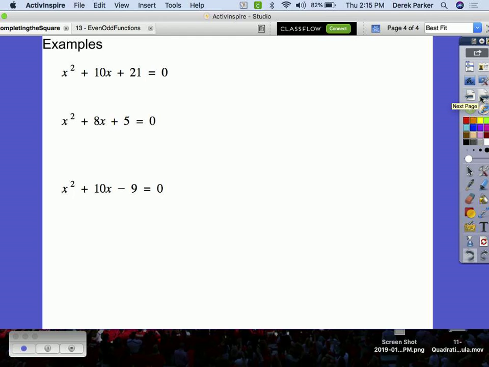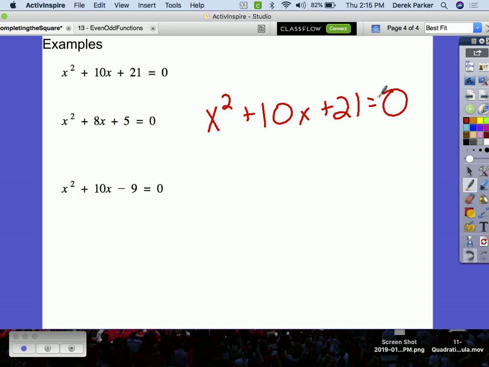Okay, so let's do number 1. x² + 10x + 21 = 0. The first step I would do is move the c value over to the other side. And you get x² + 10x + ___ = -21 + ___.